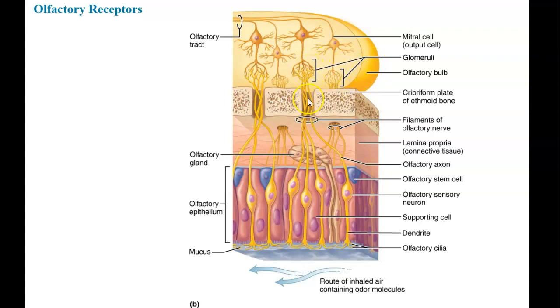They're running through these little openings, which are the little pores found on the cribriform plate, another structure that you probably remember from anatomy. You can see this plate from the superior view of the skull. Through these little openings is where the olfactory nerves are running through.